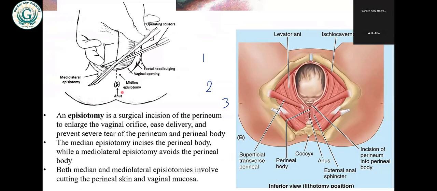When they are cutting, you can see the structures that will be involved. Here is the bulbospongiosus muscle, inserting in the perineal body, the external anal sphincter, and the transverse perineal muscles inserting there.